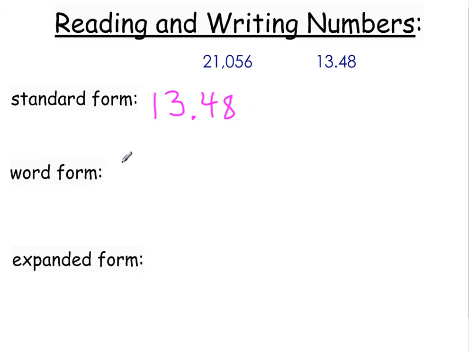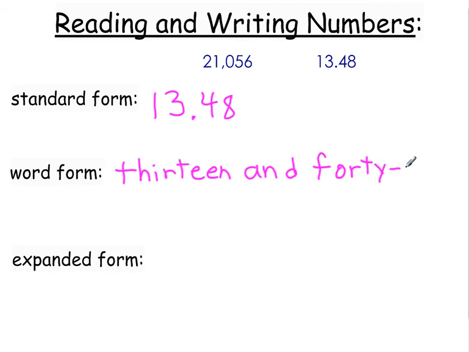In word form, 13, and represents the decimal point. 48, and that's a tens and a one, so we need to put a hyphen there. And it ends in the hundredths place. So we're going to write hundredths with a THS at the end to indicate that it is in a decimal place. Hundredths.